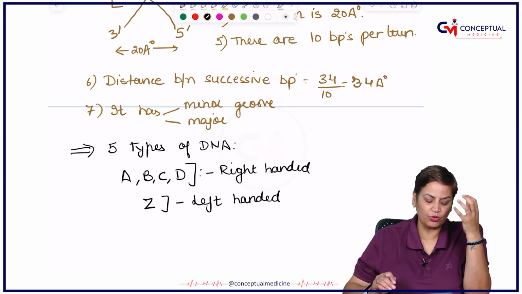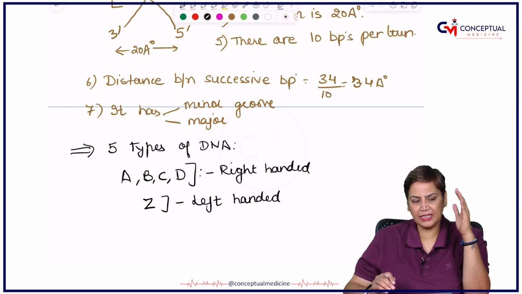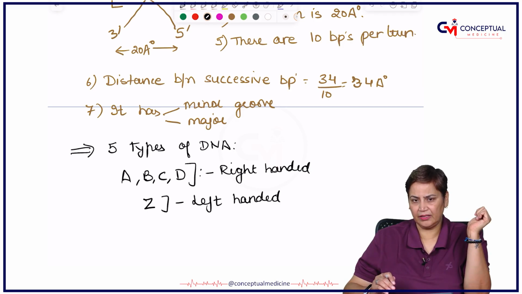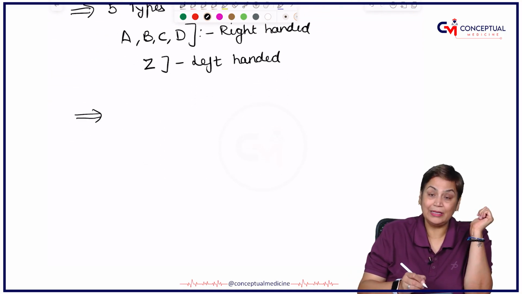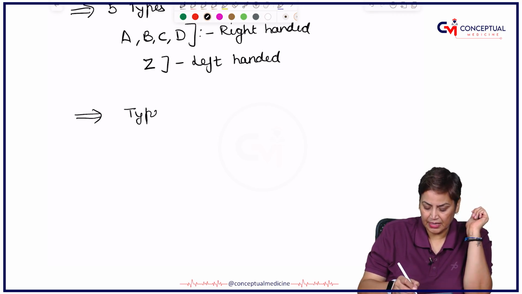Wilkins was the one who showed the three-dimensional structure, and he showed that there is a minor groove and a major groove when DNA is turning. Then after the structure, we come over to the types of bonds which are present.